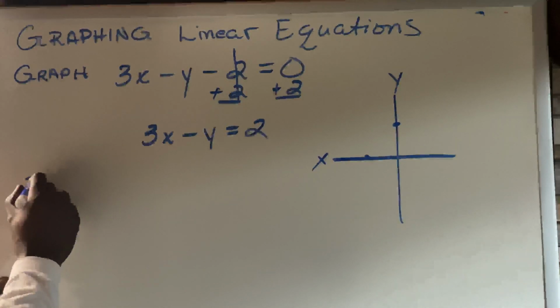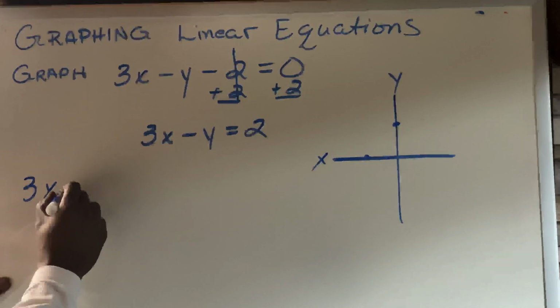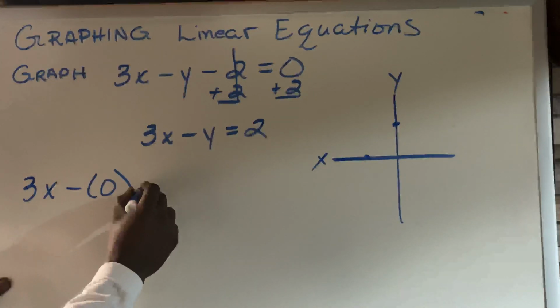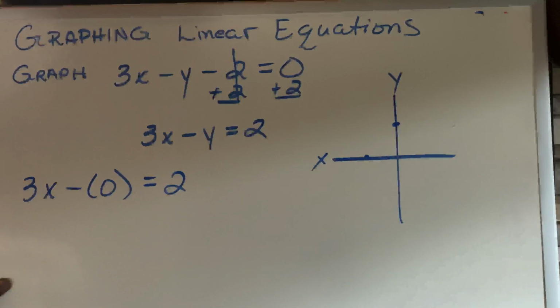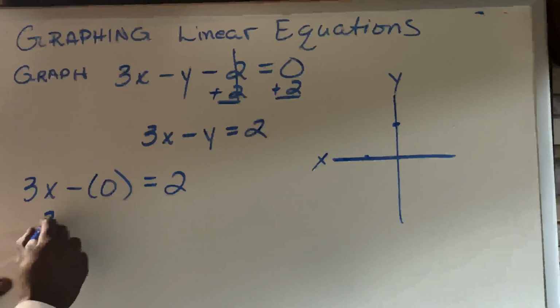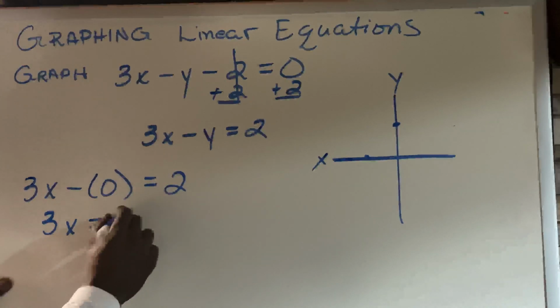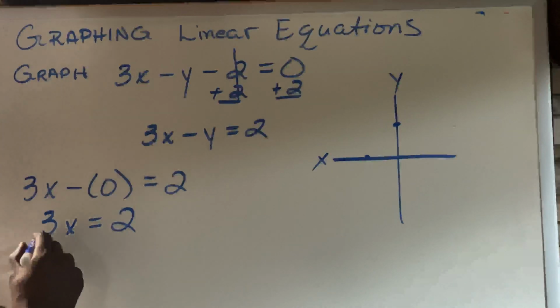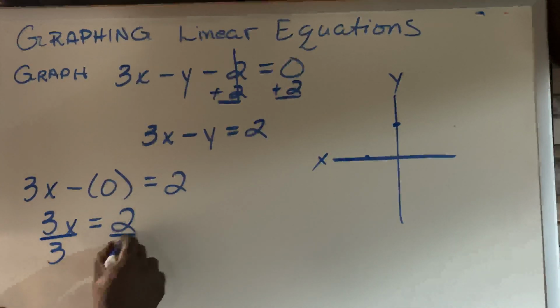So the x-intercept: 3x minus 0 equals 2, so 3x equals 2. We always divide by the number that has the variable, so we divide by 3.